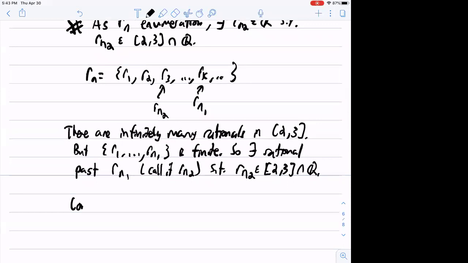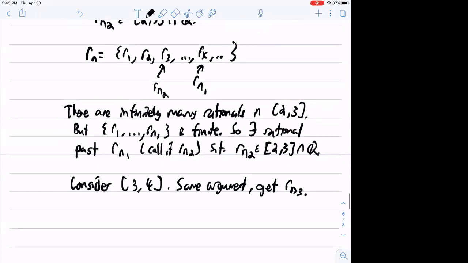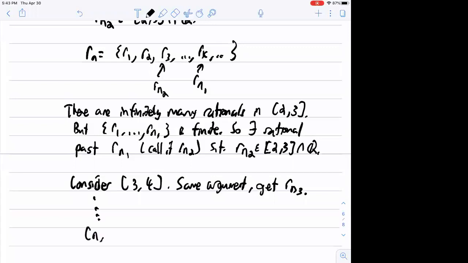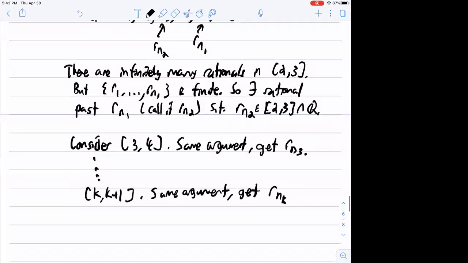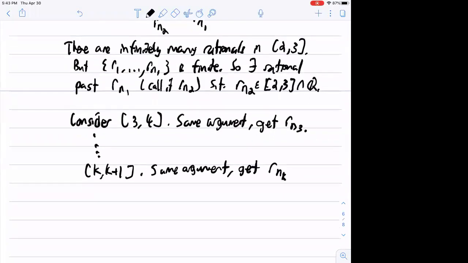Then consider (2, 3), then (3, 4), same argument, get r_{n_3}. Then consider (k, k+1), same argument, get r_{n_k}. So the sequence you get will certainly go to infinity, and it's a subsequence.